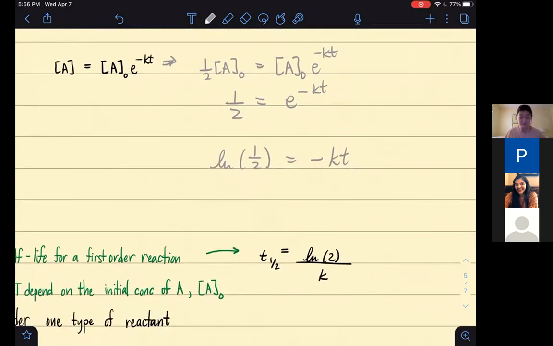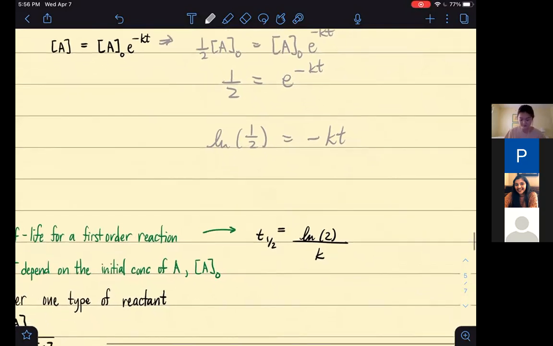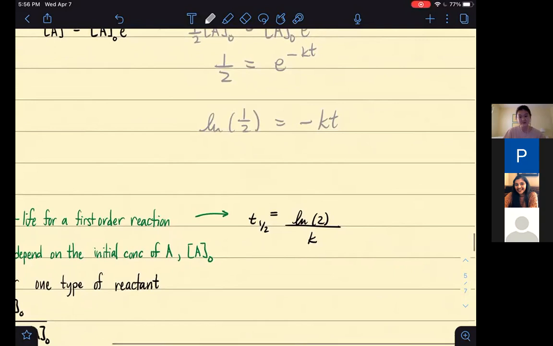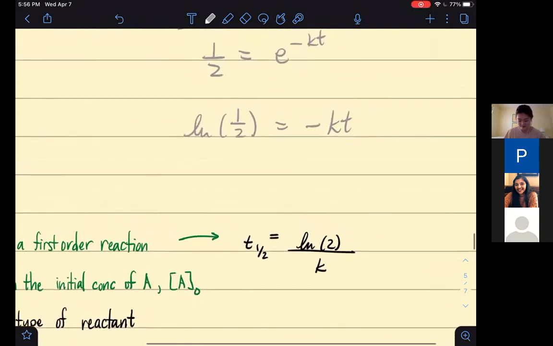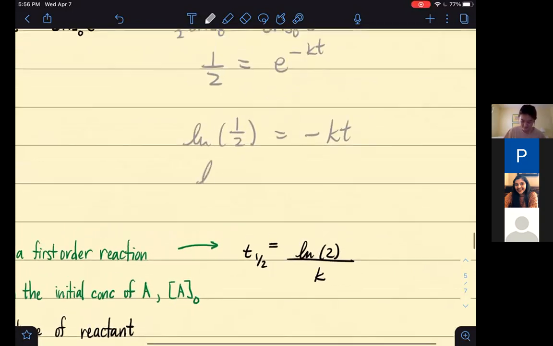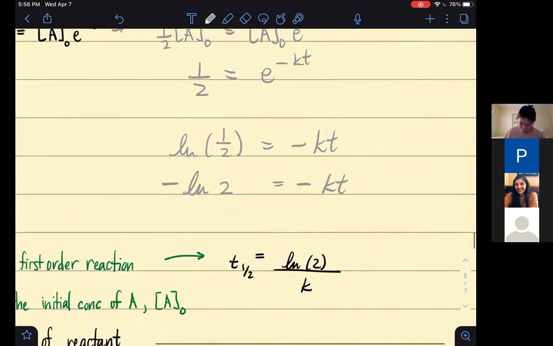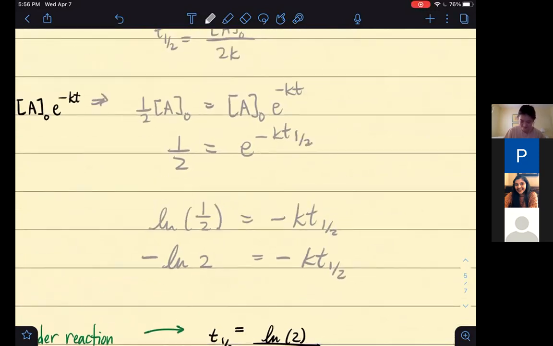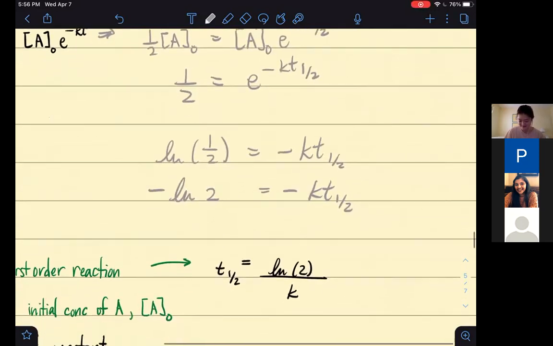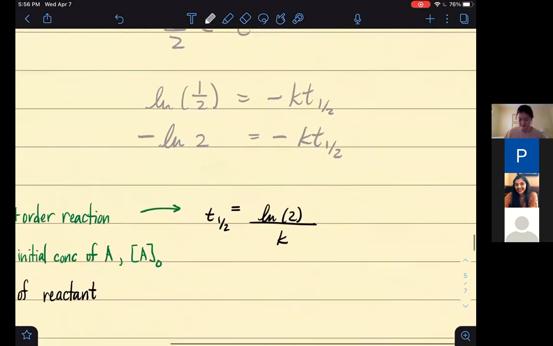But then notice that log of 1/2 is the same as minus log of 2, since 1/2 is 2 to the minus 1. Am I doing this right? Yes. Okay. I should have put half just to represent this as half-life, but that's okay. So after rearranging, you should get this term over here.